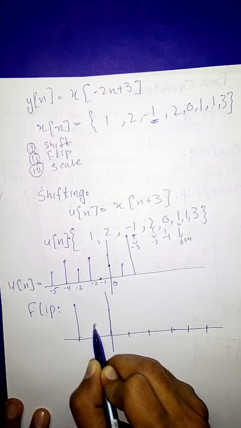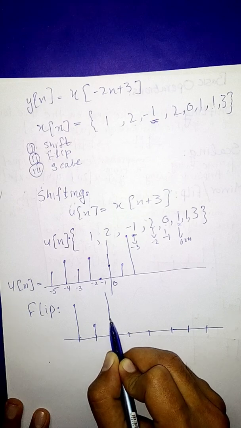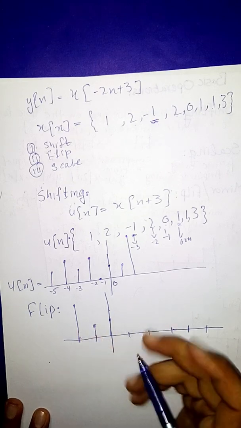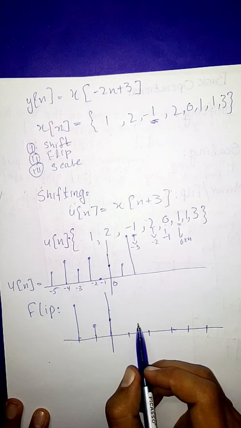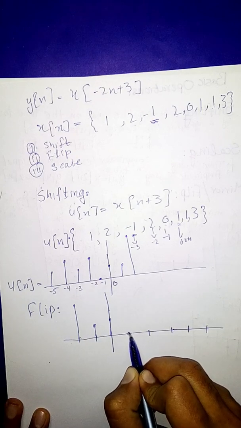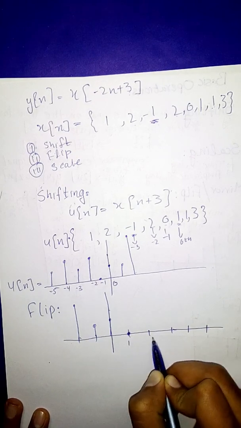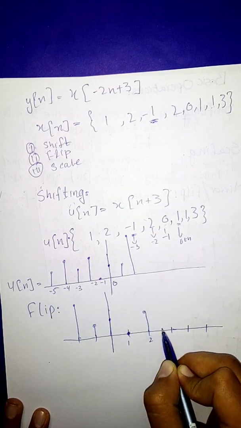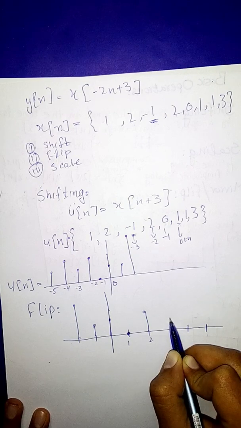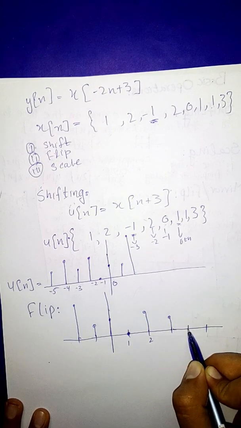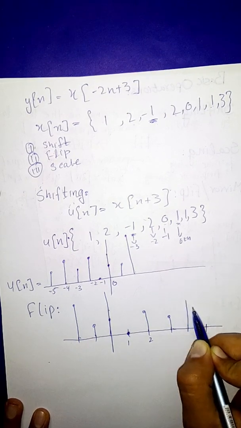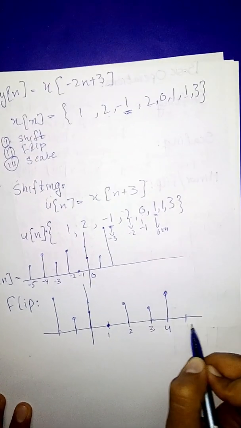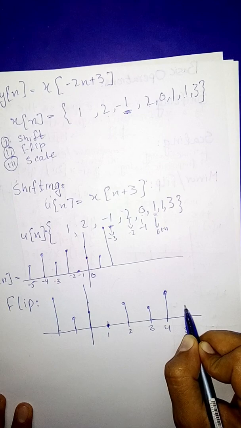This is 1. At the 0th position is 1. This will move to the other side. At 1 we have 0, 2 we have 2, 3 we have 1, 4 we have 2 again, and at 5 we have 1 again.